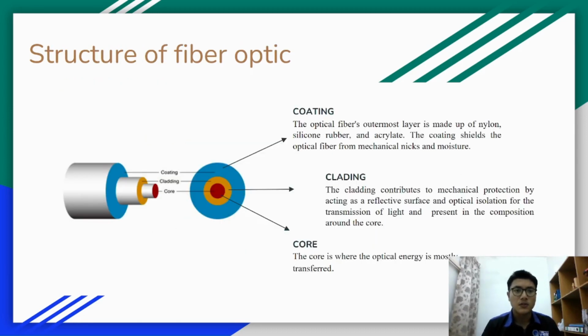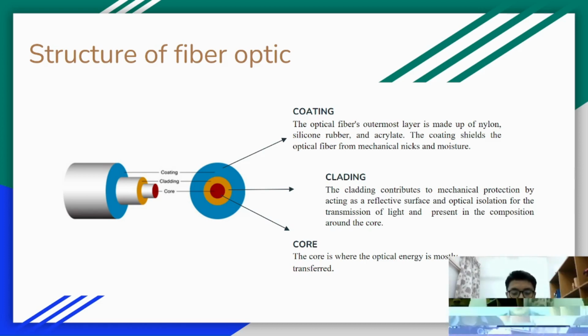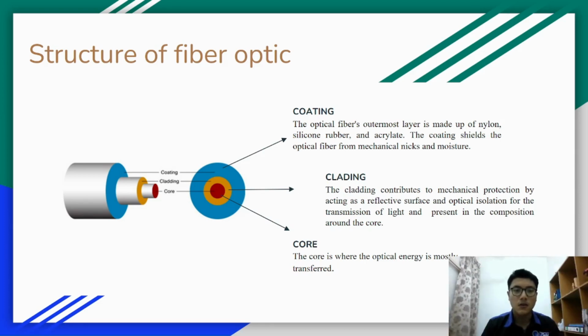Next we go to the structure of the fiber optic. As we can see here, in the fiber optic there are three layers: the outer one is the coating, next after the outer is the cladding, and the most important part in fiber optic is the core. The coating, the optical fiber's outermost layer, is made up of nylon, silicon rubber, and acrylate.